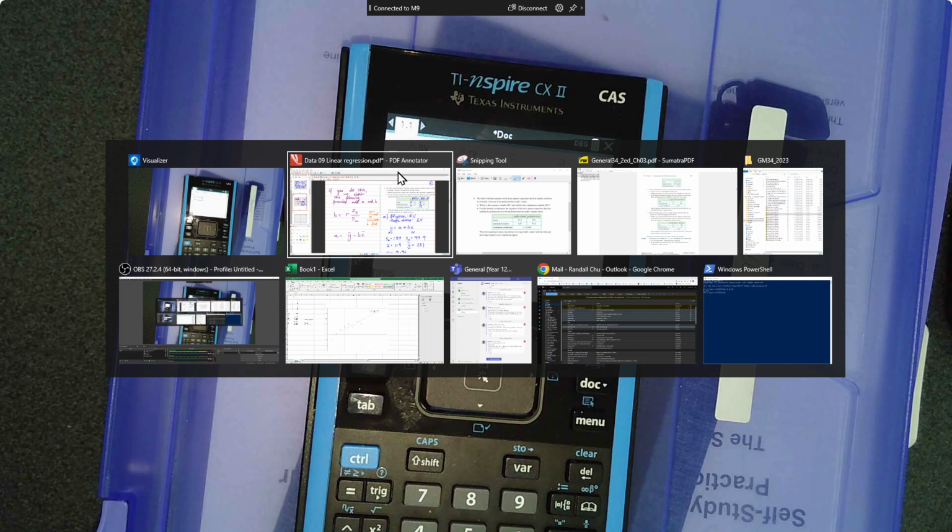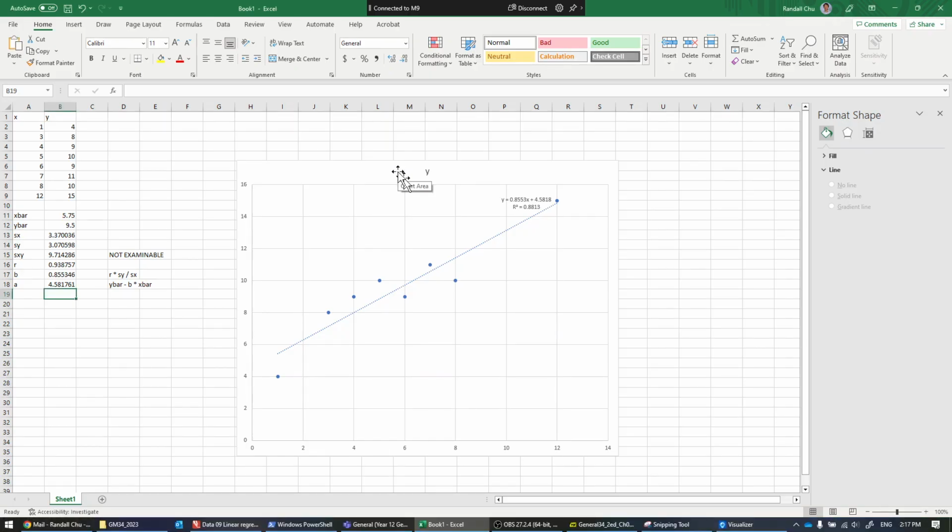Okay, we need some data now. So I've already created some. I'll write this on the board as well. Keep this data because we're going to do a calculation with the residual afterwards.